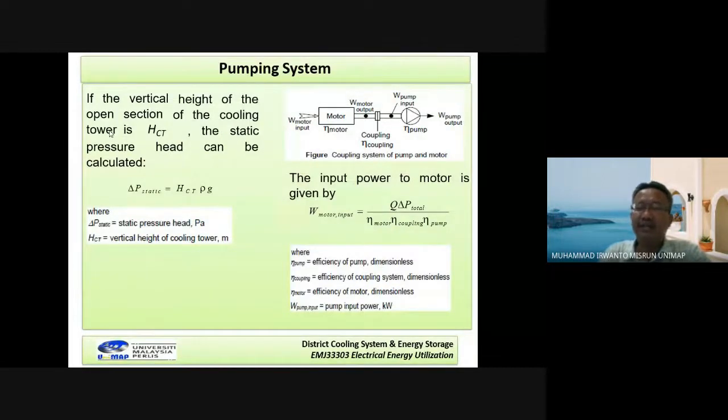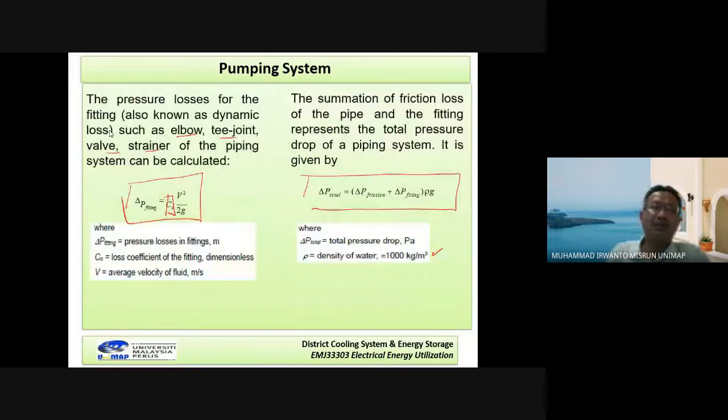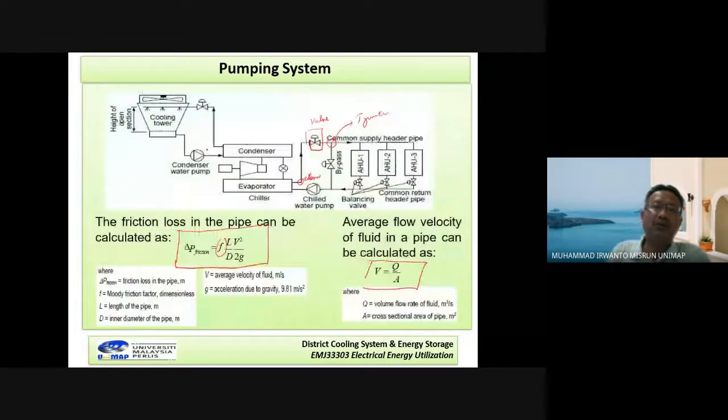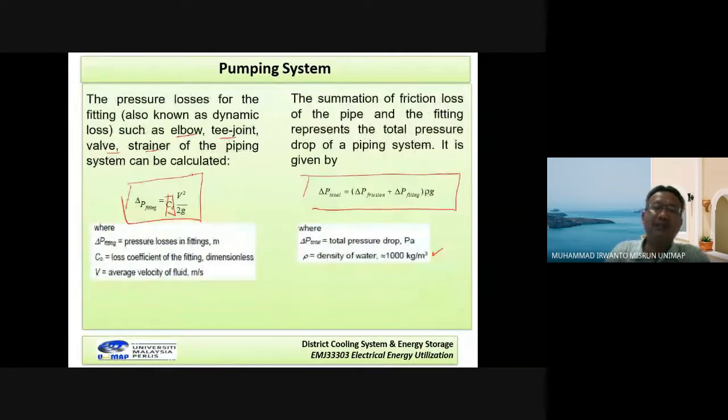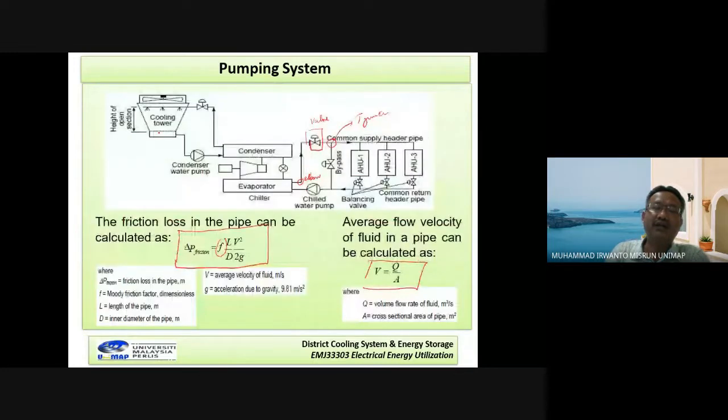Okay, after that we can see here, when this water flows through this riser pipe and enters this cooling tower, remember the cooling tower has a vertical head, the open section of the cooling tower. HCT is how many meters of head.